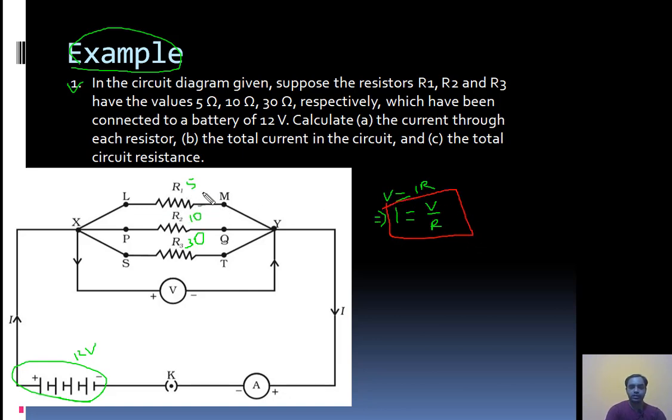Now for the first resistor, suppose I1 current is flowing. So I1 will be equal to V divided by R. For all three resistors, the potential difference will remain the same. So what is the potential difference here? 12 volt, it is given. So 12 divided by R. What is R here? 5.